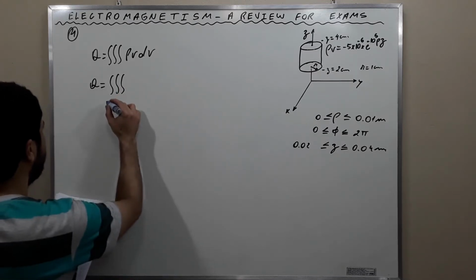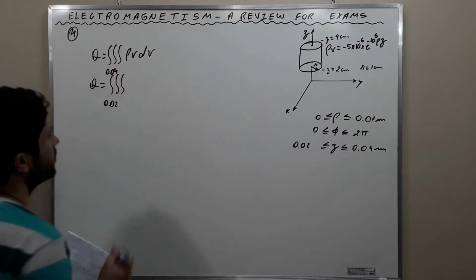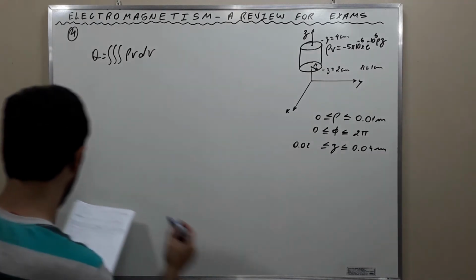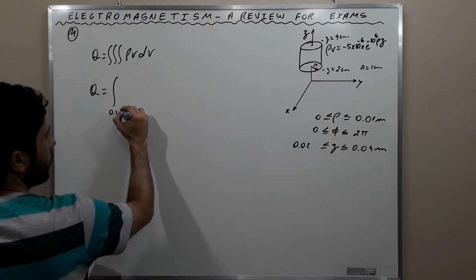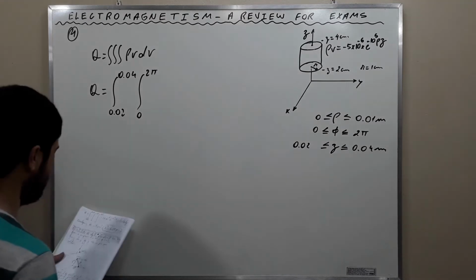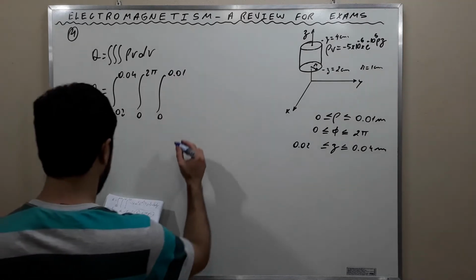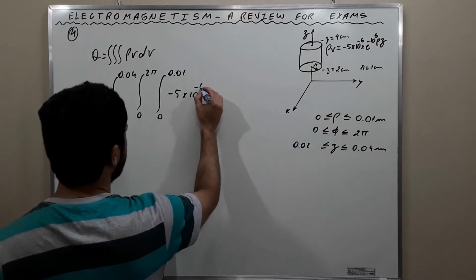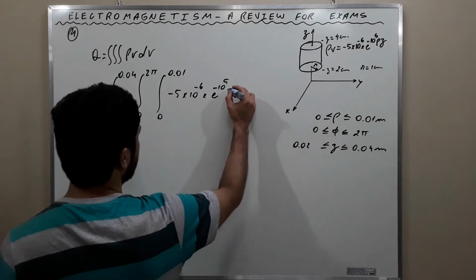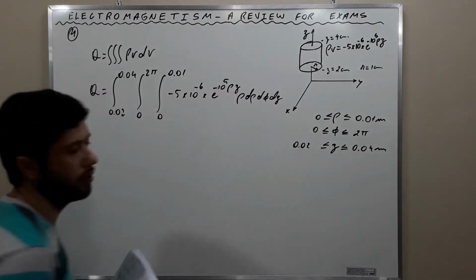We're going to integrate from 0.02 in z to 0.04 in z, of the integral from 0 to 2 pi in phi, and from 0 to 0.01 in rho, of -5 times 10 to the -6 times e to the -10 to 5 rho z, rho d rho d phi d z.